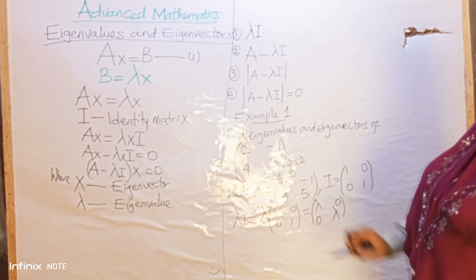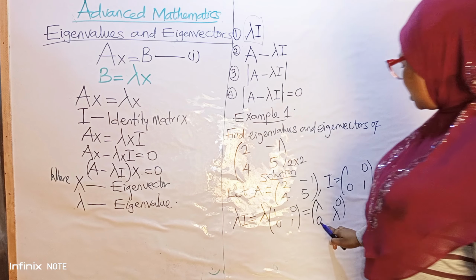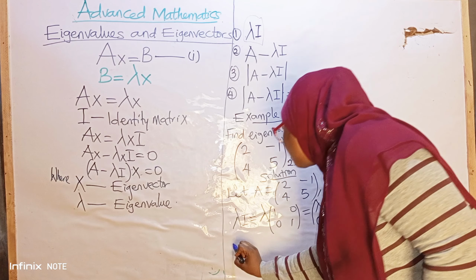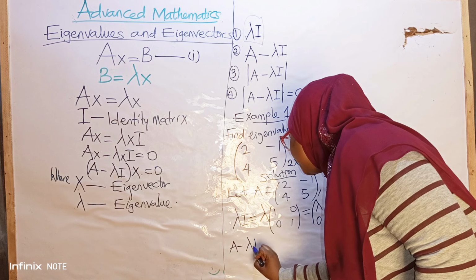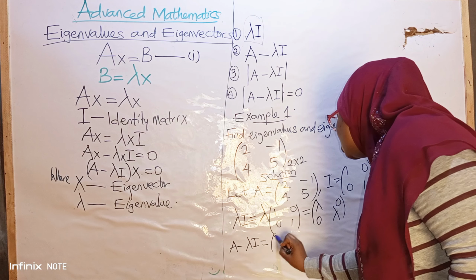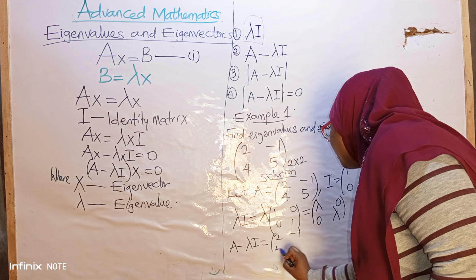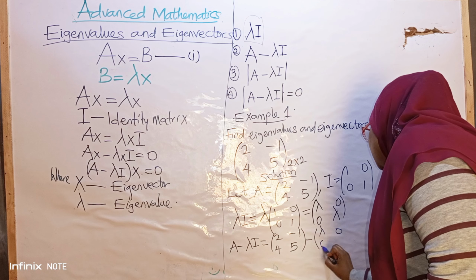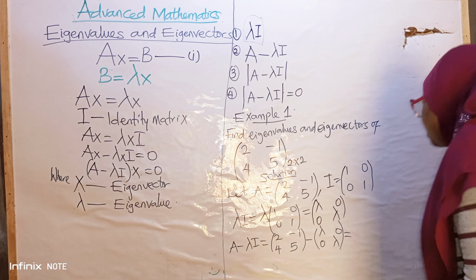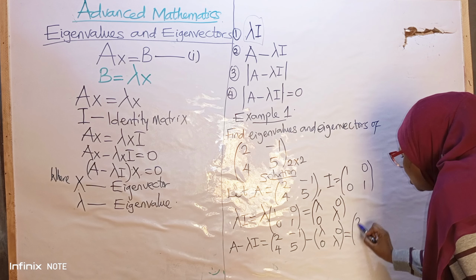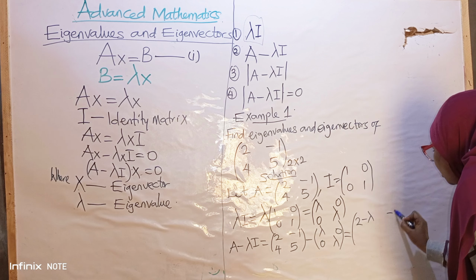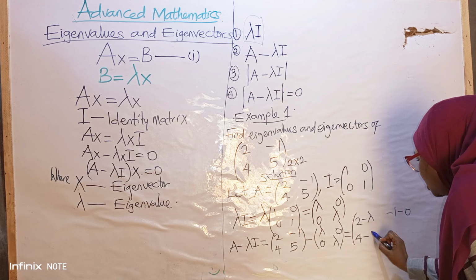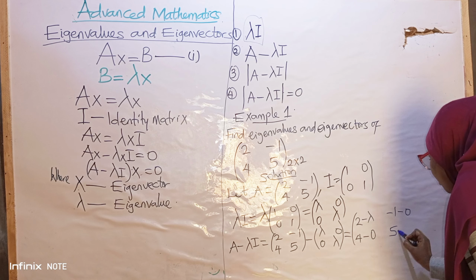The second step is you take away the answer gotten from the main matrix A. So I have A minus lambda I is equal to 2, minus 1, 4, 5 minus lambda, 0, 0, lambda. Here I'm going to get 2 minus lambda, minus 1 minus 0, 4 minus 0, 5 minus lambda.